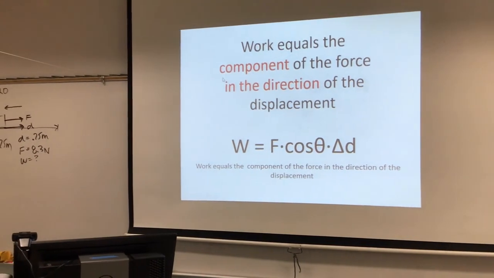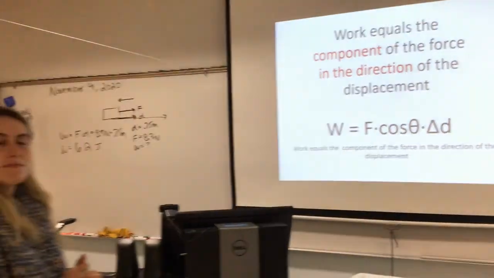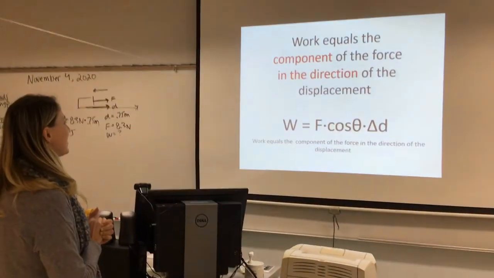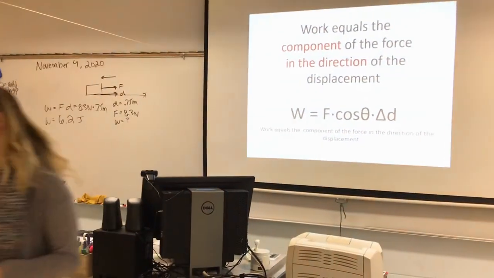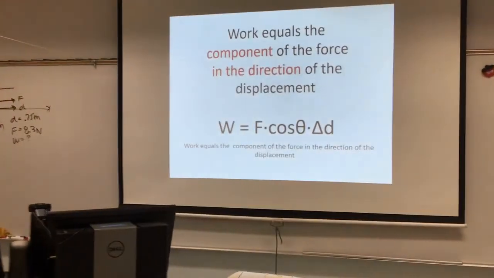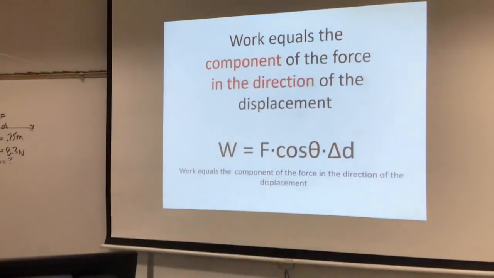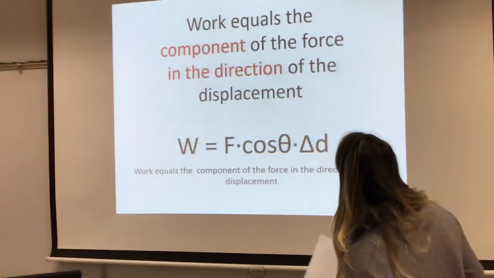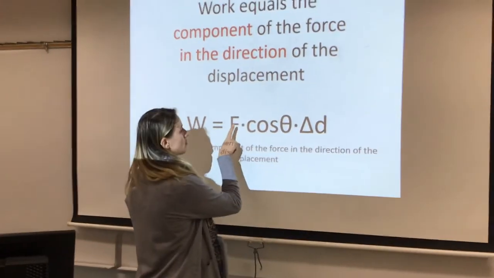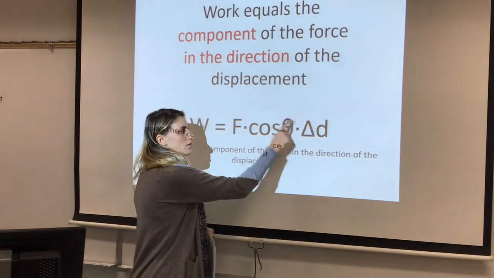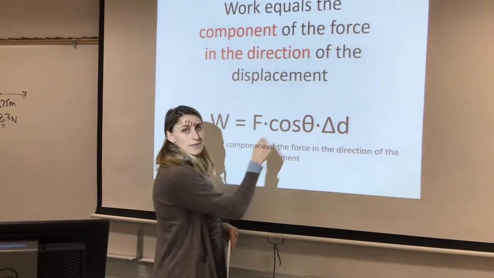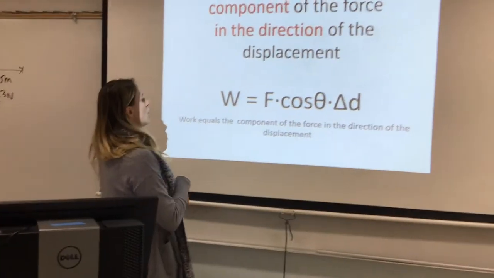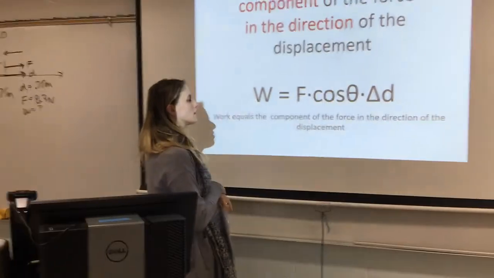Work equals the component of the force in the direction of the displacement. Okay, so work equals force times displacement, cosine theta. We have to include the direction of that displacement. Work equals the component of the force in the direction of the displacement.